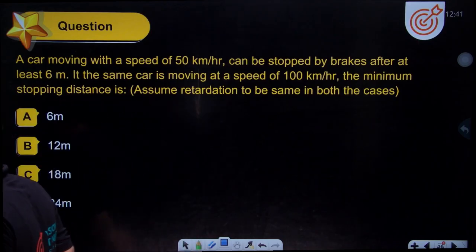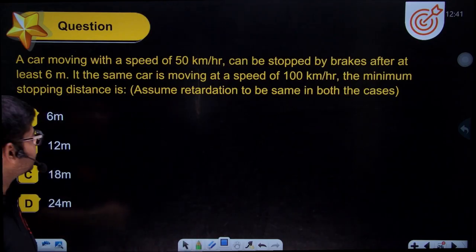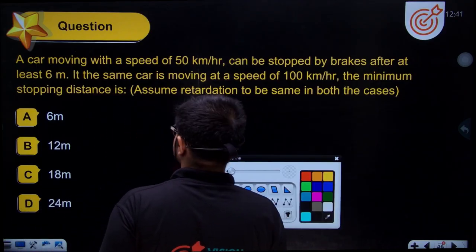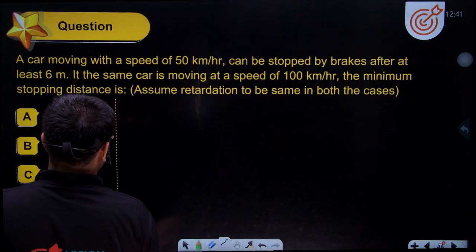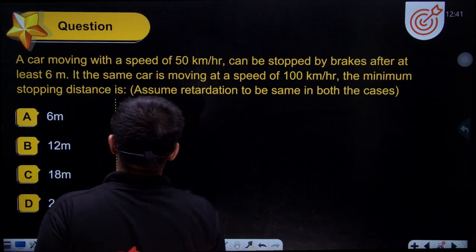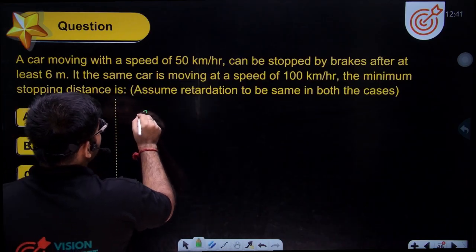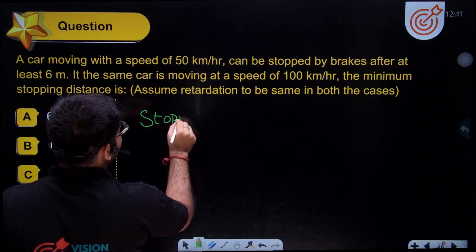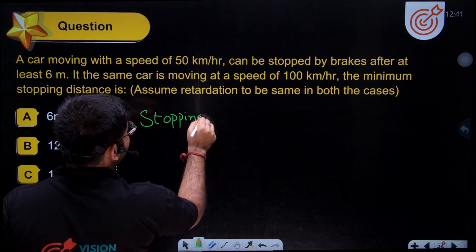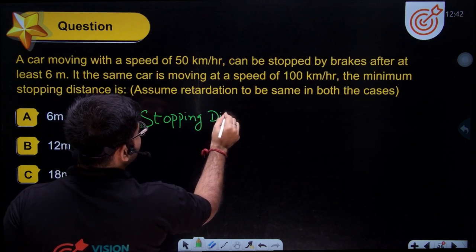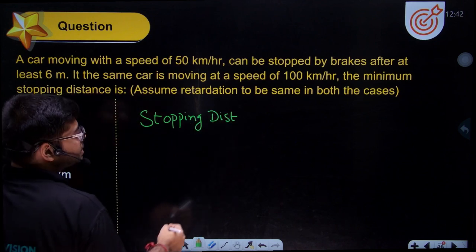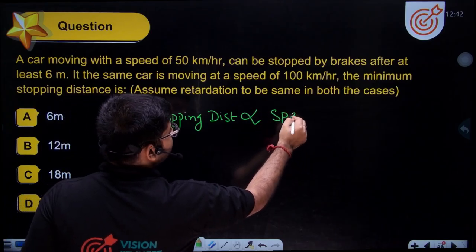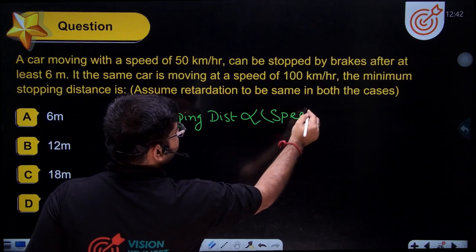Okay. Here I need to discuss a very important point. What it is? So please understand, stopping distance is proportional to speed square.